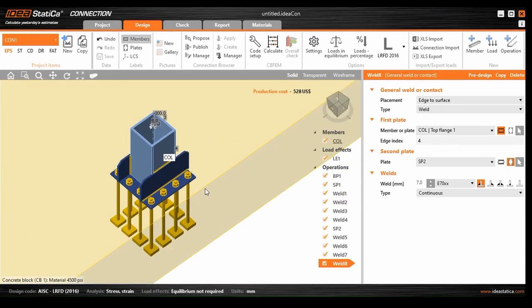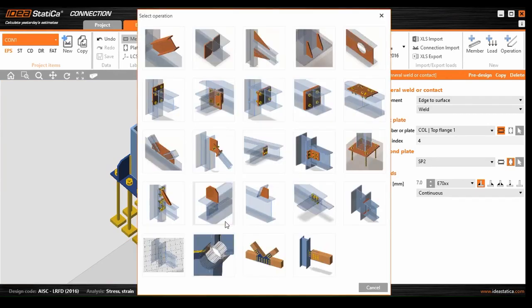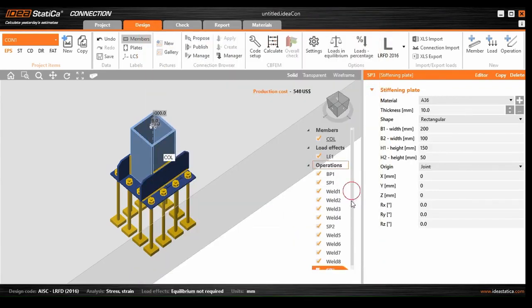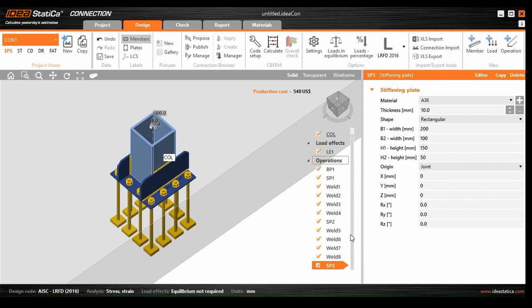After that we are going to add other stiffeners. Add a new plate. Go to transparent mode.